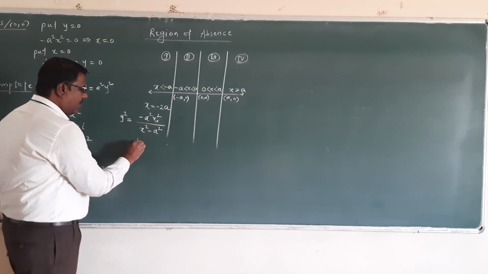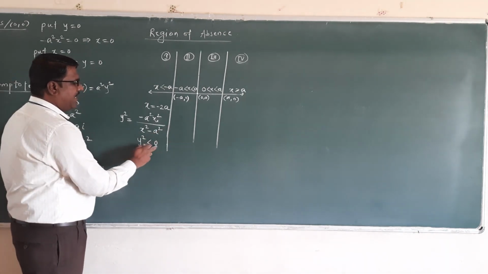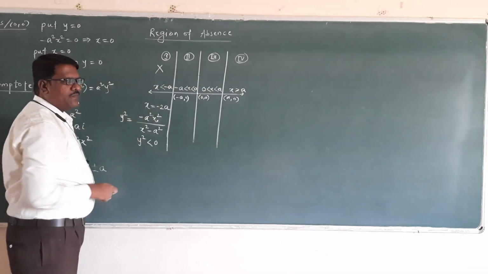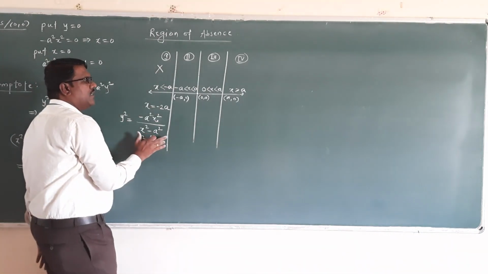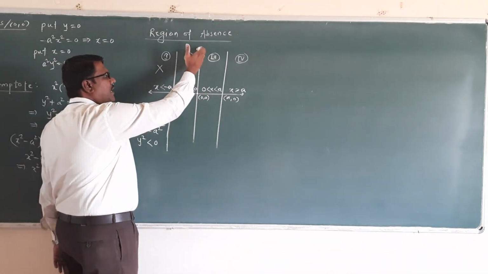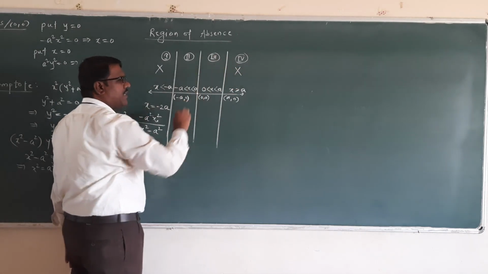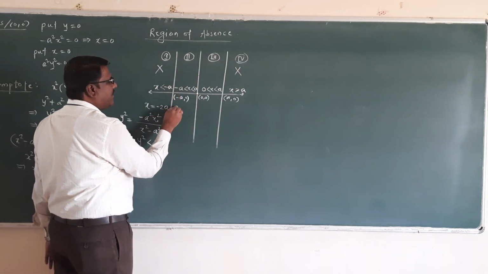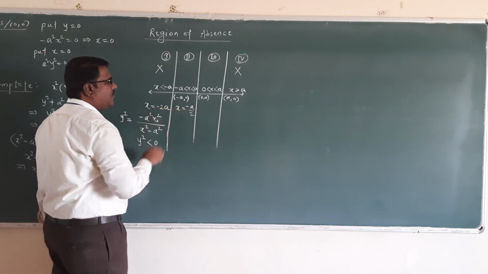So overall y square is negative. If y square is negative, then the curve is absent in this first partition. And as the curve is symmetric about the y-axis, it must be absent in the fourth partition.